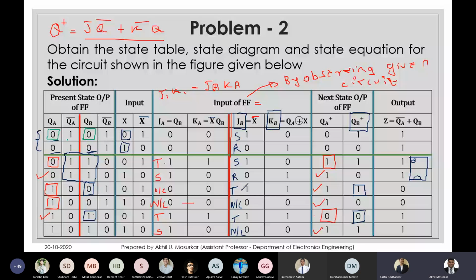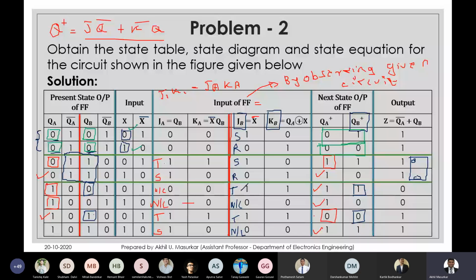That's fine. So if QA and QB is 0 0, you can see if X is 0, then the next state is 0 1. And if QA and QB is 0 0, and if X is 1, then the next state is going to be 0 0.